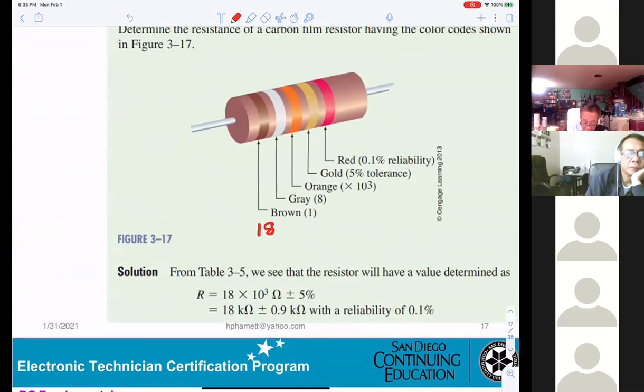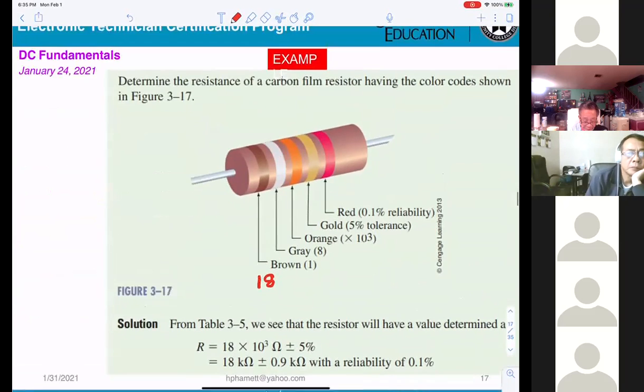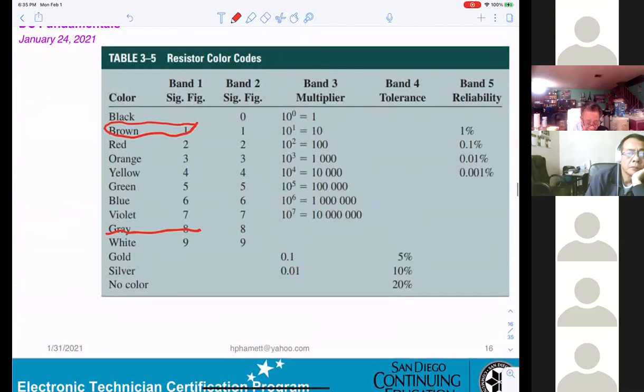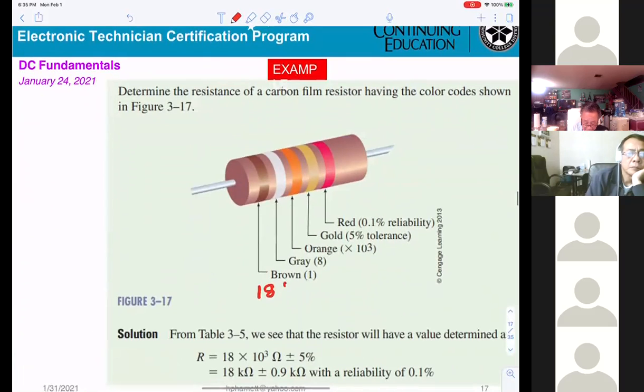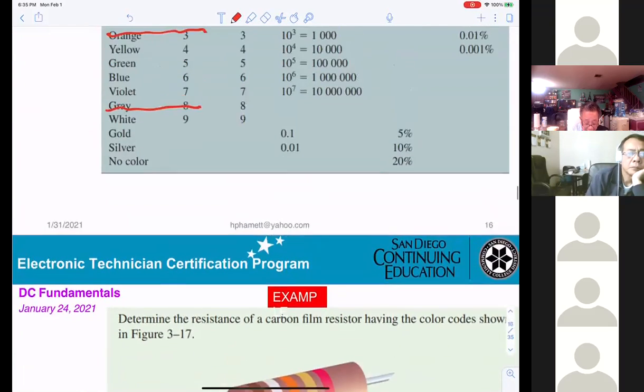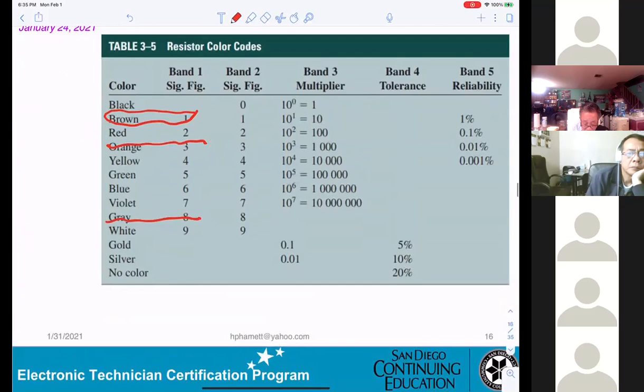Okay. Third one, orange. Orange is number 3. Multiply. That means multiply by 10 to the power of 3.